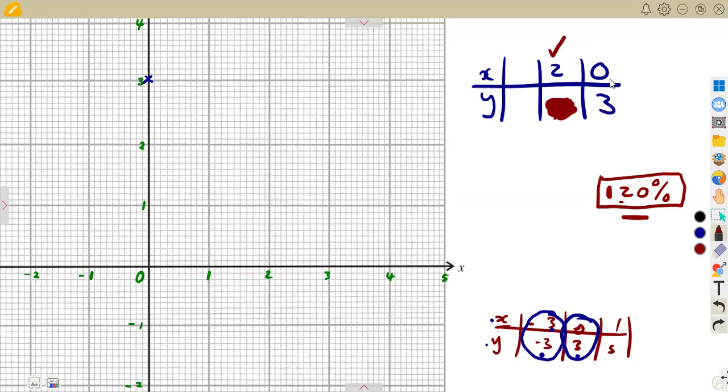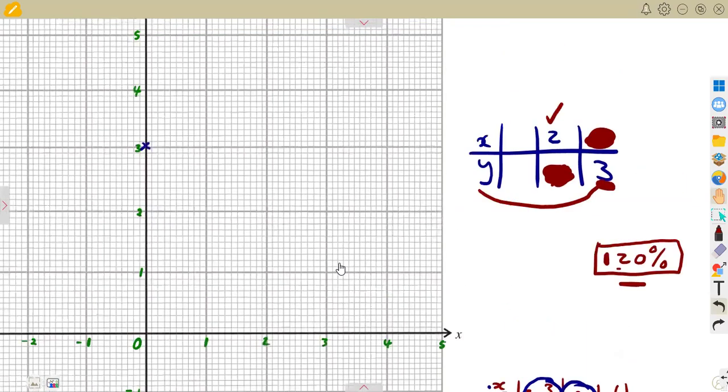If it is given like this, 0, 3, there is nothing on x, but y has a value of 3. So you mark at 3 on the y-axis. That is how you can get rid of that confusion.